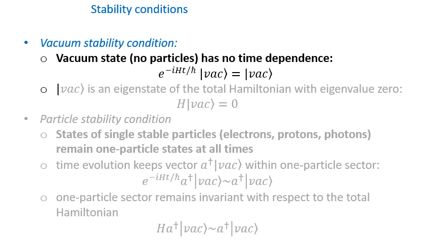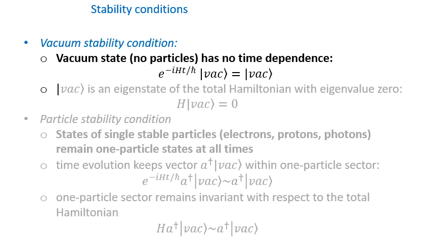Before proceeding further, let me formulate two important stability conditions. They follow immediately from basic experimental observation, and I believe that any realistic theory must satisfy them. The first one is the vacuum stability condition. It says that the vector of vacuum should not depend on time.